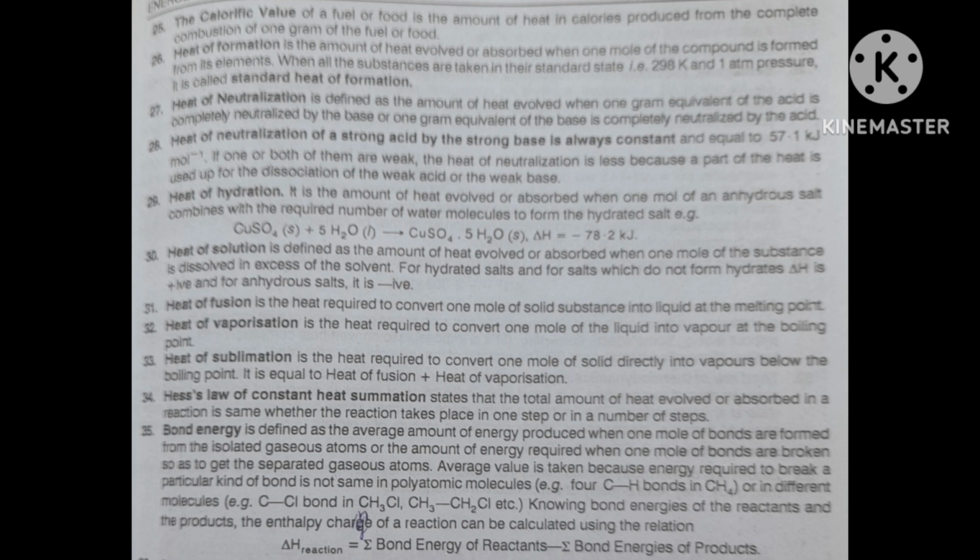Minus means heat will evolve. It will be released in the process. Means when copper sulfate absorbs 5 moles of H2O, it forms CuSO4·5H2O, and heat evolved will be delta H is equal to minus 78.2 kilojoule.